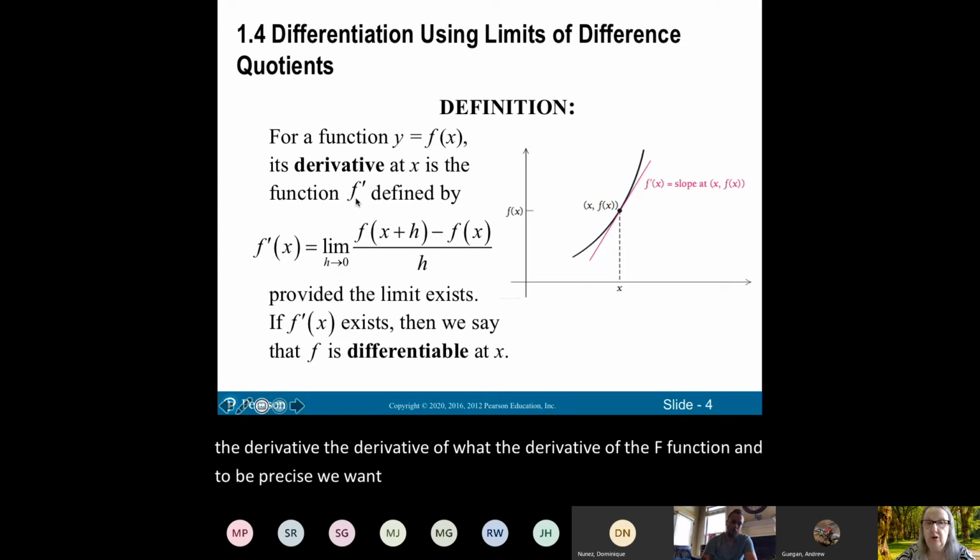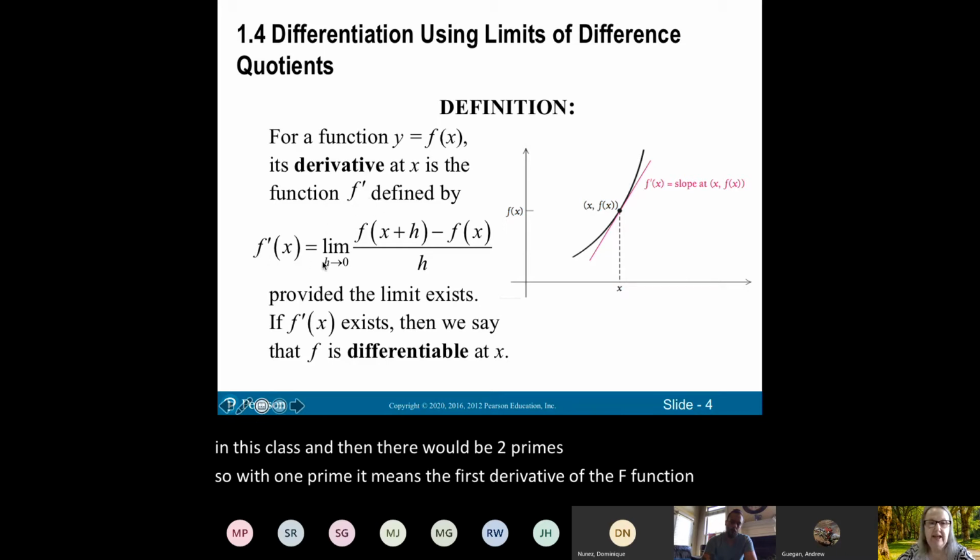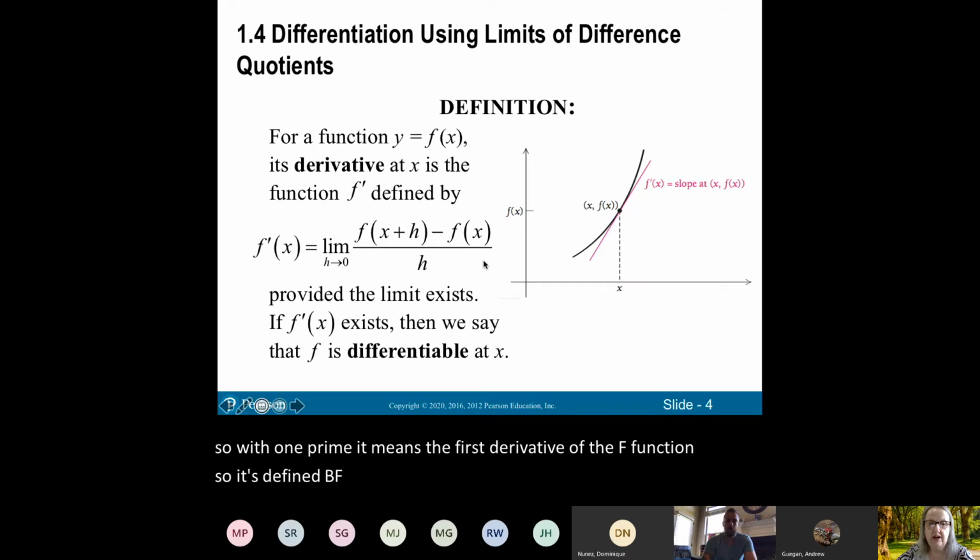We are also going to talk about second derivatives in this class, and then there would be 2 primes. So with 1 prime, it means the first derivative. It's defined to be f prime of x equals this limit that we just talked about, provided the limit exists. It may not exist.